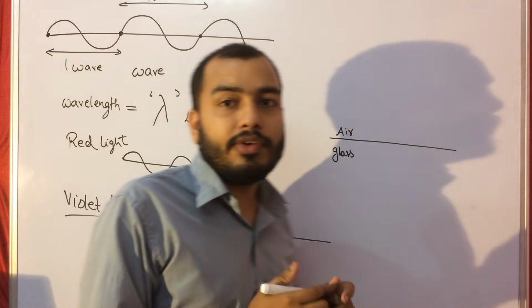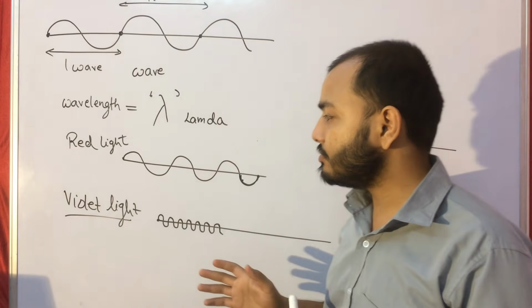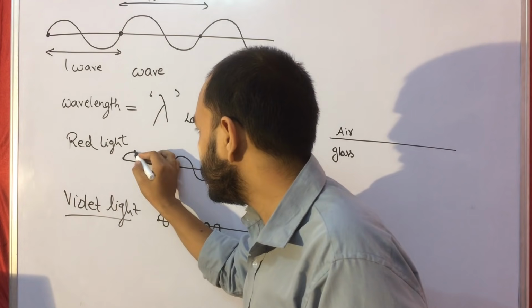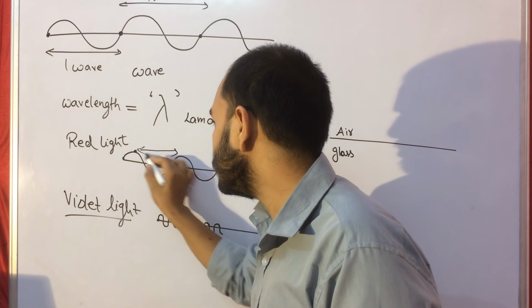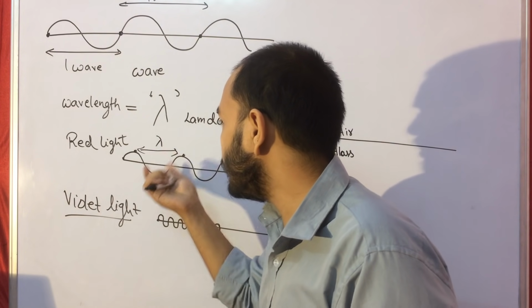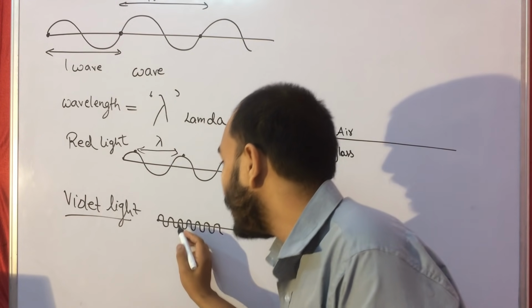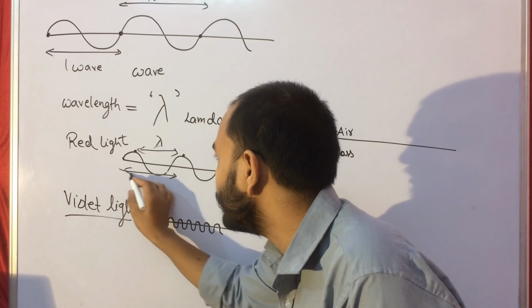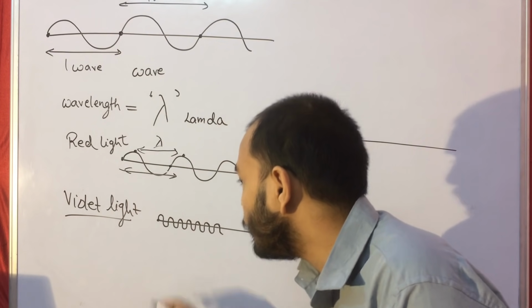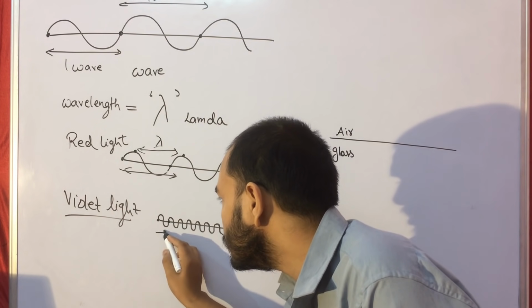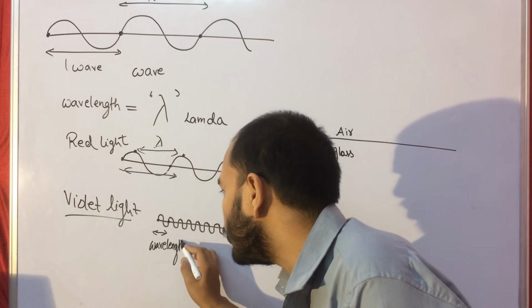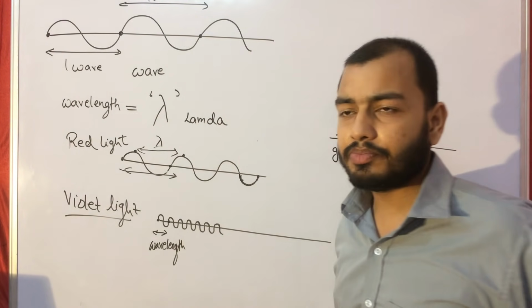Can you see some kind of difference between these two rays? There is. This red light has a large wavelength. See, this wavelength is large. And violet has, this is the wavelength, one wave, and violet has a very small wavelength. Very small as compared to red.